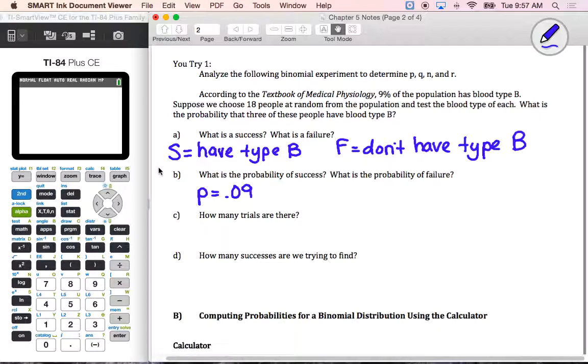For our failure, we take 1 minus 0.09, and that means we have a probability of failure of 0.91. They want to know how many trials. We're looking at 18 people. They want to know how many successes. They want 3 people to have blood type B, so your R would be 3.